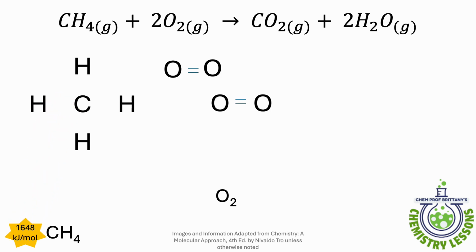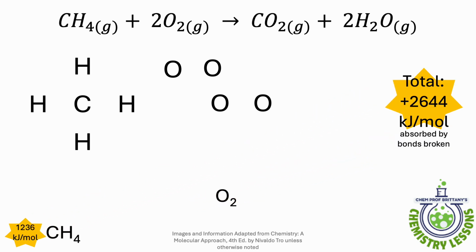We're going to do the same exact thing for our oxygen-oxygen double bonds, and I have 2 molecules, so we're going to do it twice. So, the total amount of energy absorbed by the bonds that got broken was 2,644 kilojoules per mole. Right?